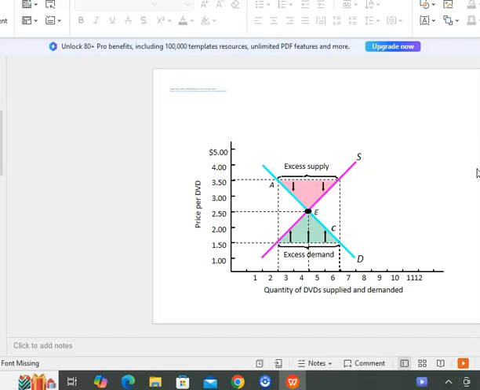And when there is excess supply, the government may intervene to control the prices of goods and services to restore the equilibrium point, so that the consumers are also protected.